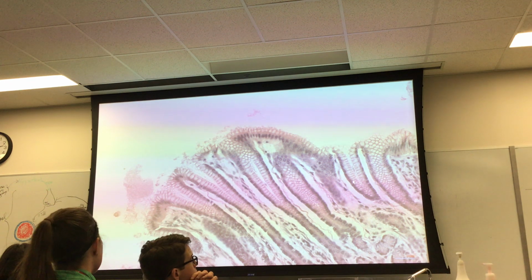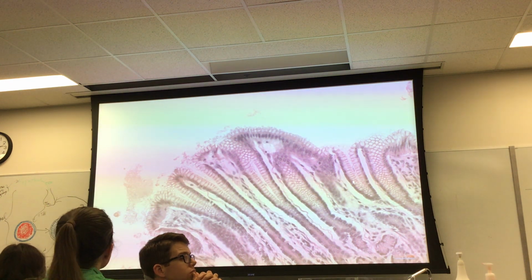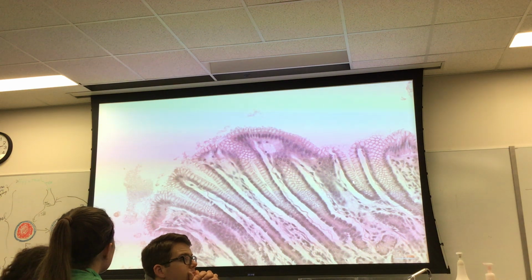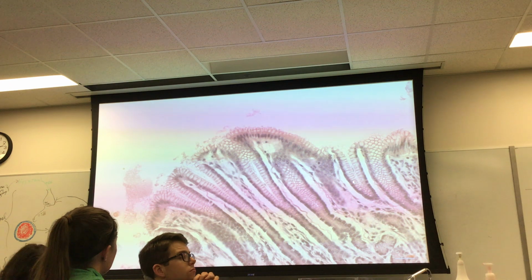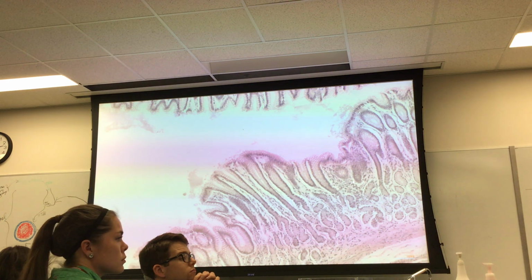So you're going to see this as a simple columnar epithelium, but you're going to figure out these are called mucus columnar cells, and you're going to understand this is the stomach. In fact, this is one portion of the stomach called the pyloric stomach. Now, as you look around here, you know it's coming.